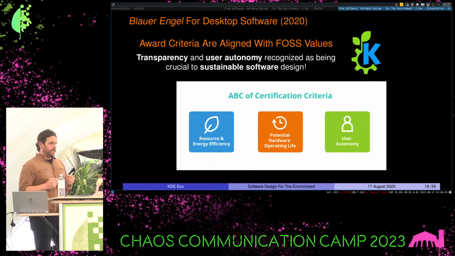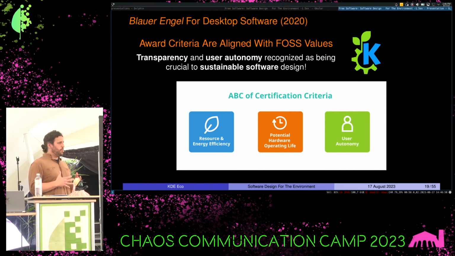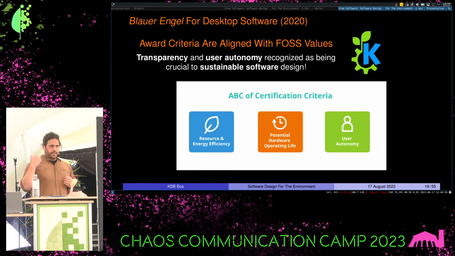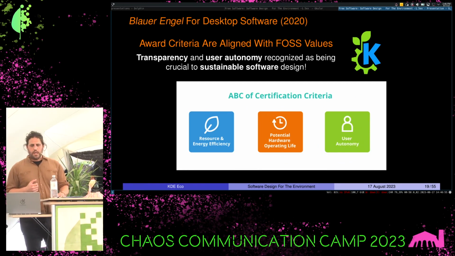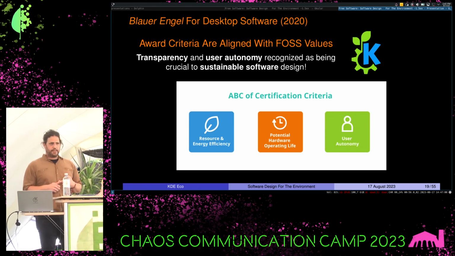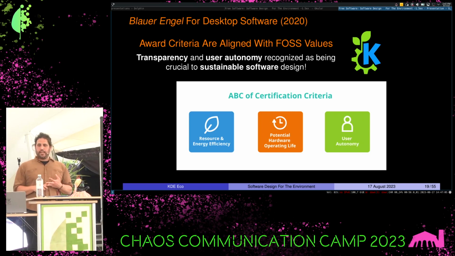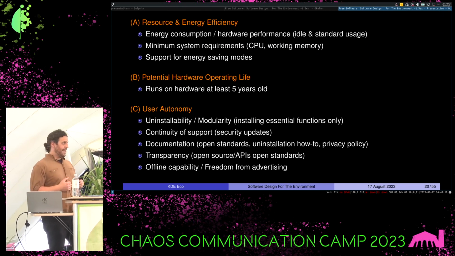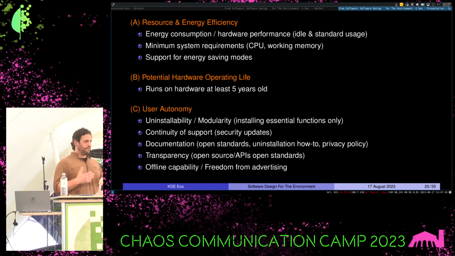The award criteria are aligned with FOSS values of transparency and user autonomy. There are 3 main categories to the award criteria: resource and energy efficiency, potential hardware operating life, and user autonomy. Just to get an overview, before I focus on some of the user autonomy characteristics, which are inherent to software with a free software license.